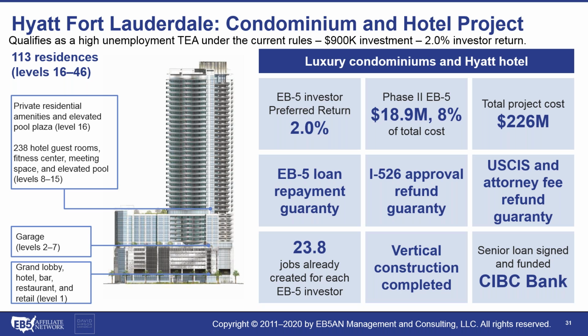The developer of the project is the Coulter Group. They're one of the largest real estate development companies in the Southeast United States, and they've been in business for over 25 years and have a substantial track record of building thousands of condominiums and hotel rooms all throughout the Southeast, with a focus on South Florida.